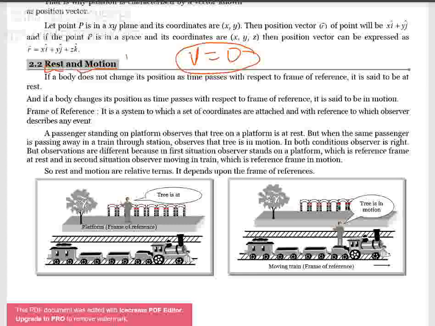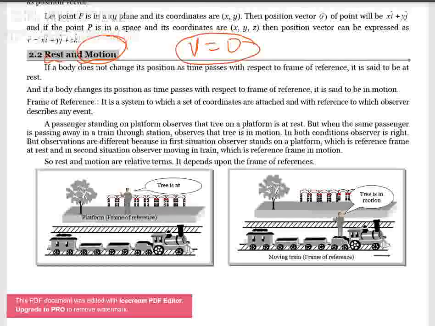And if the object is in motion, the object is moving with some speed or velocity in some direction. Therefore, when we say the object is at rest, it indicates that the object is stationary, and when we say the object is in motion, the object is moving with some velocity.